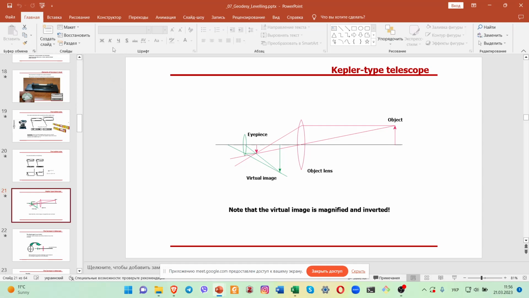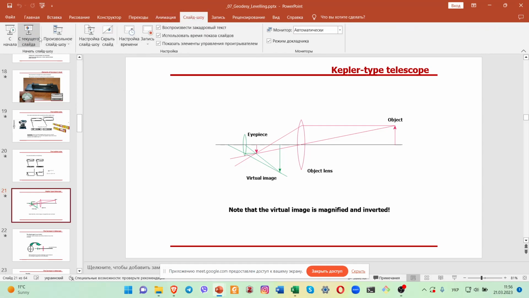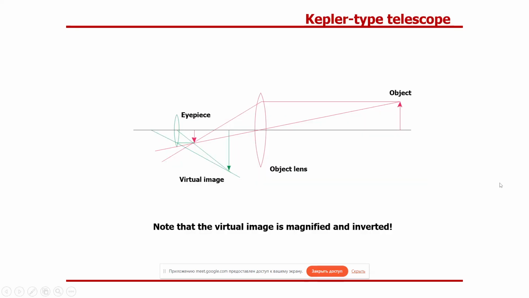Let's continue about the elements of the telescope. While looking through the telescope tube, we can see a virtual image of the rod while looking through the eyepiece.